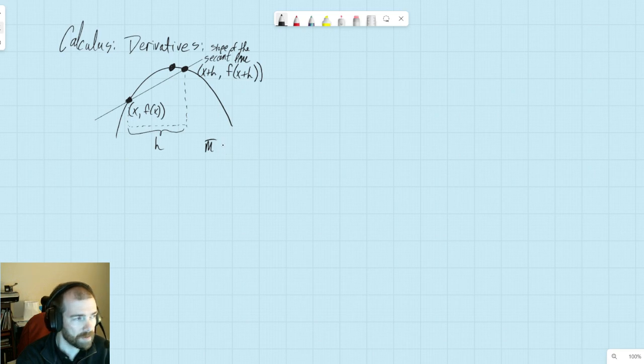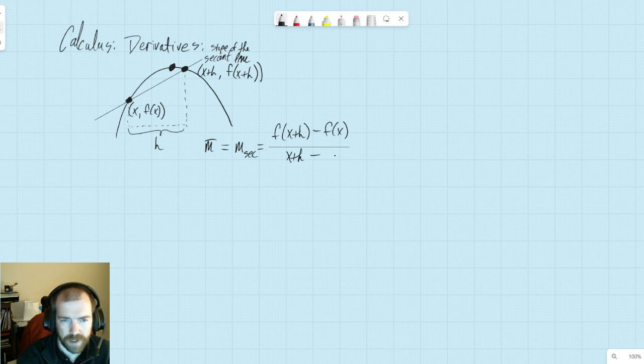So m bar is often what's labeled, or m secant, is going to be equal to f of x plus h minus f of x, because we're looking for the difference between the y values, or the change in y, and we divide by x plus h minus x, the difference in the x's, or the change in x between these two locations.